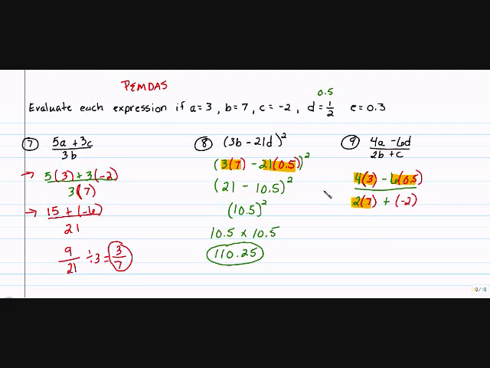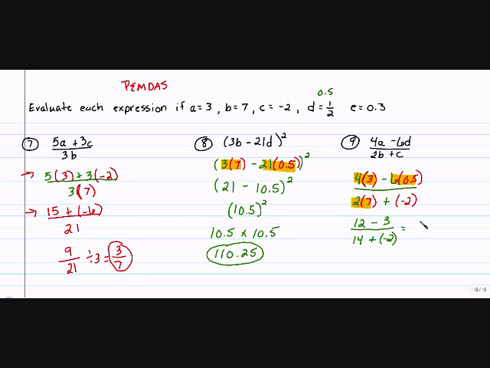So 4 times 3 is 12, minus 6 times 1/2, or 1/2 of 6, is 3, divided by 2 times 7 is 14, plus a -2.